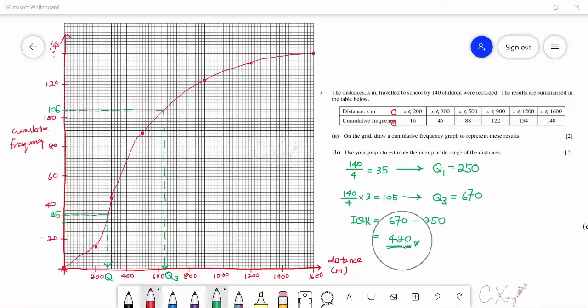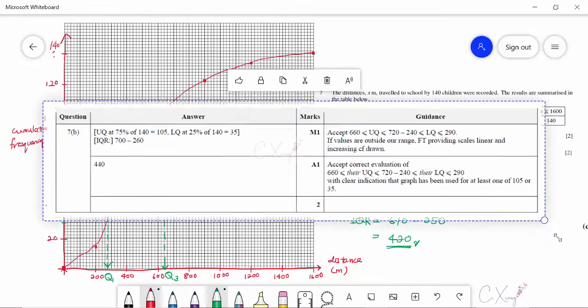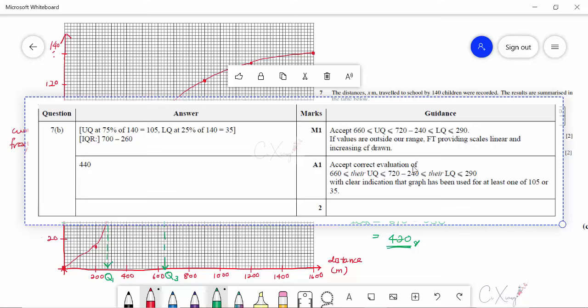The value that we get here is based on the graph that you draw. So everyone might have different values for Q1, Q3 and also the IQR. If you have a look at the marking scheme, you can see that they actually give you a certain range.